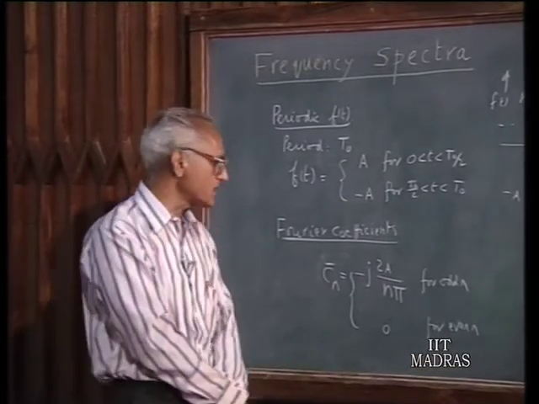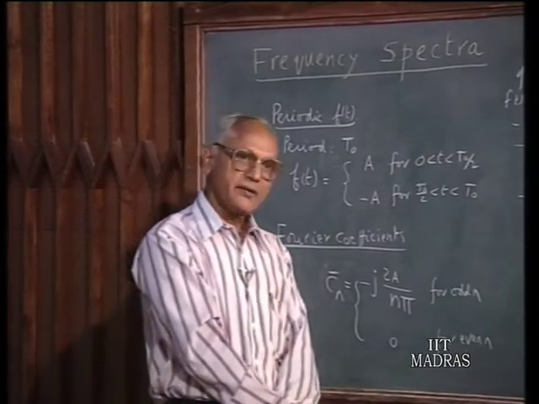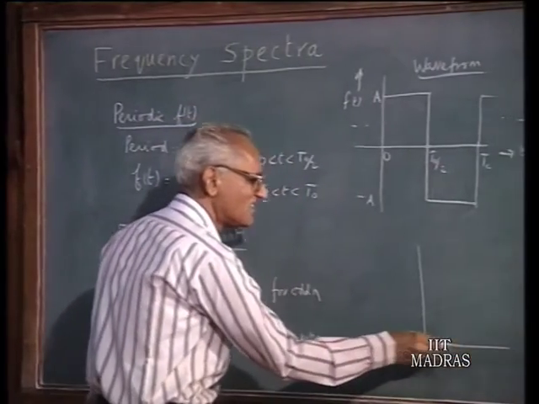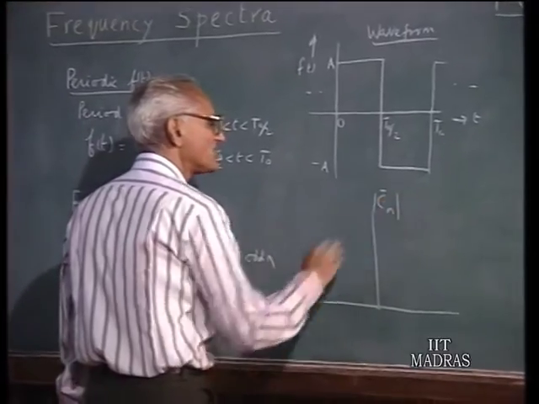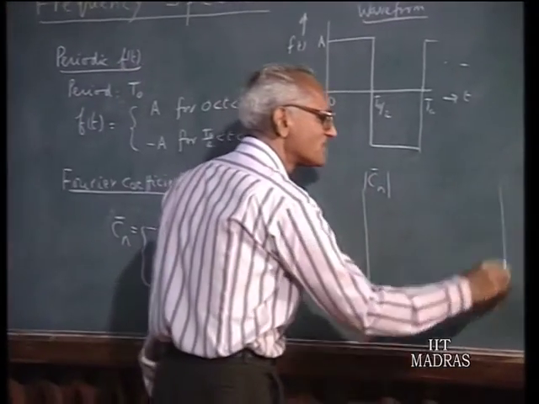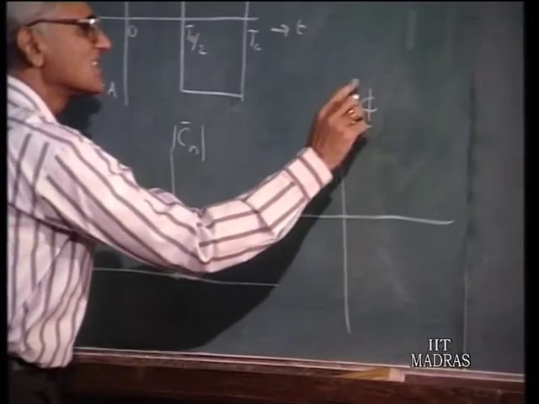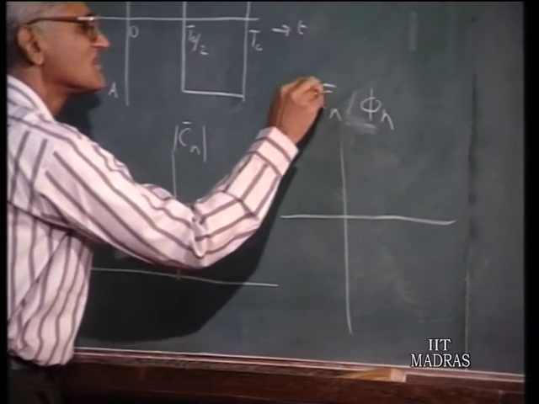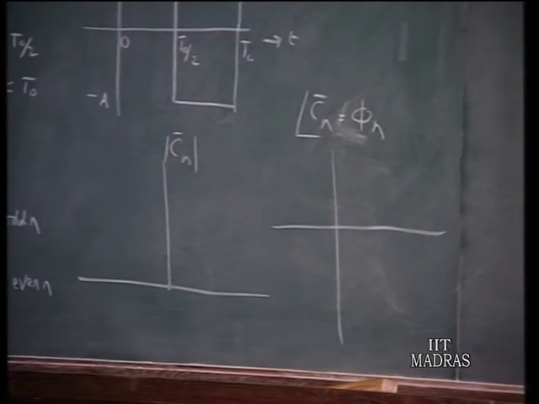There are two parameters associated with each value of Cn. Therefore, a convenient way of doing this would be to plot the magnitudes of Cn for different values of n and the angle associated with Cn, which we call phi n, for different values of n.